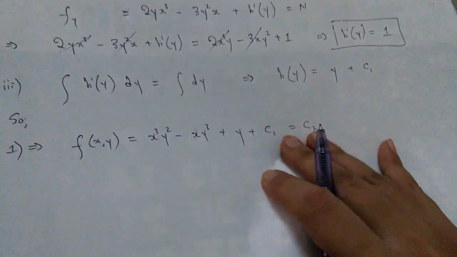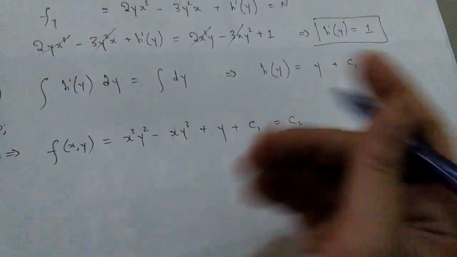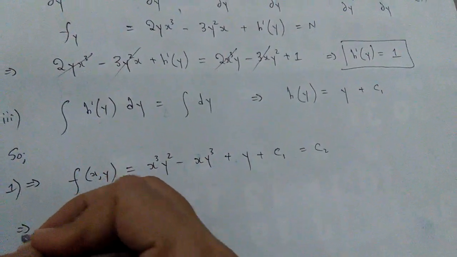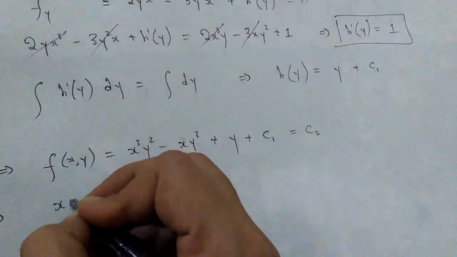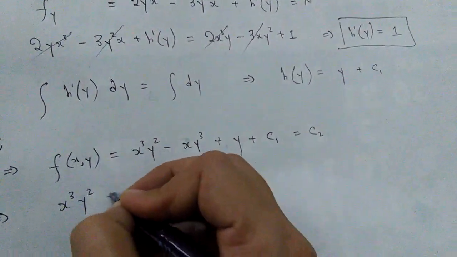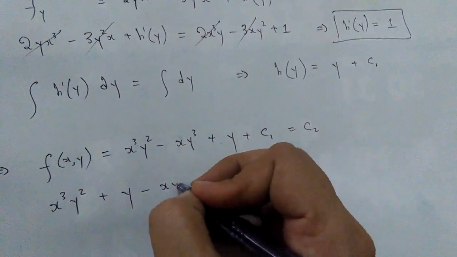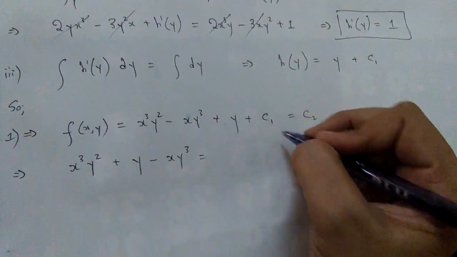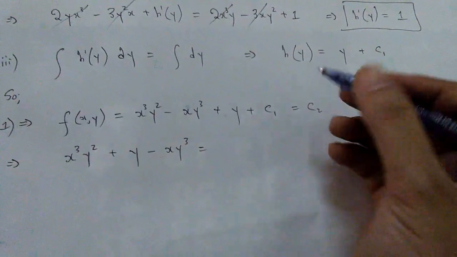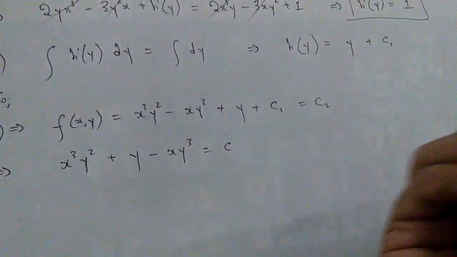Now we are determined to find the value of our constant as well. Once you move the c1 over here, it gets subtracted from c2, so definitely you're going to get some constant. You can write down simply c here.